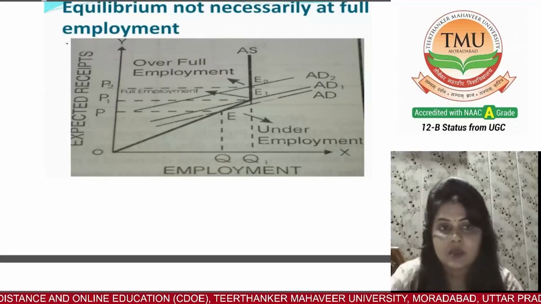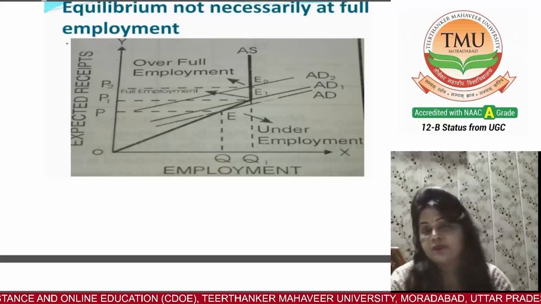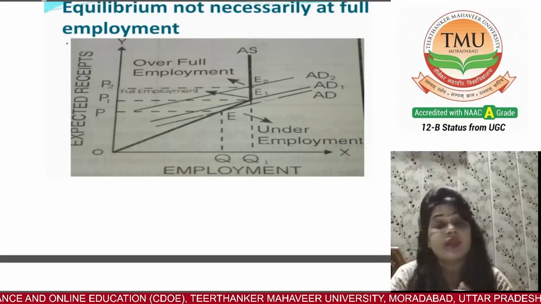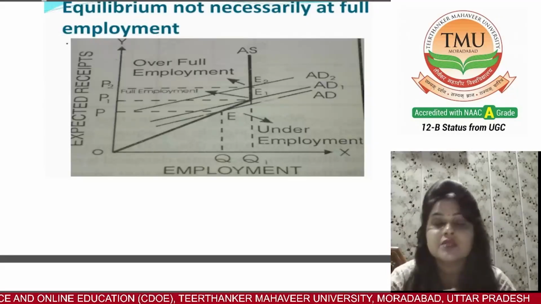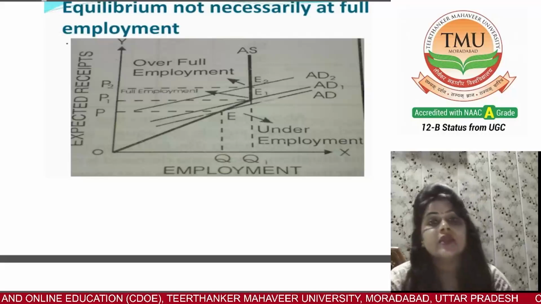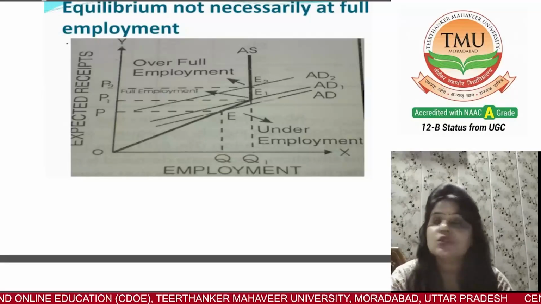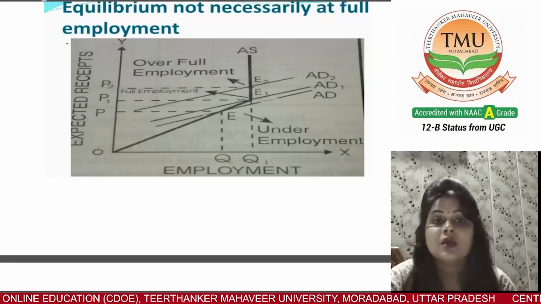So the principle of effective demand is one of the most important contributions of Keynes, the source of Keynes's theory of employment.